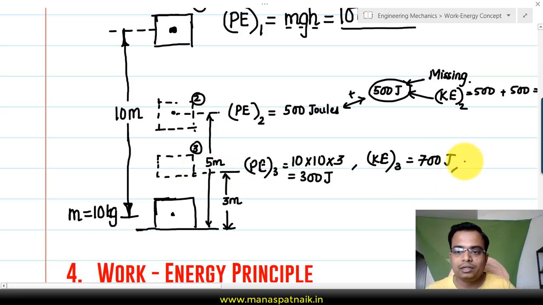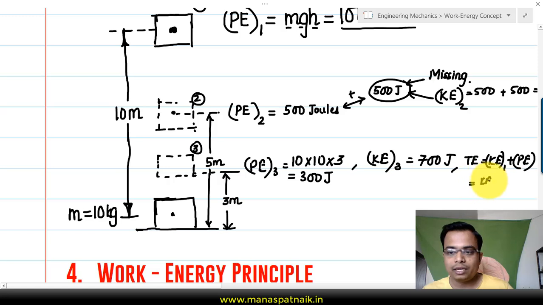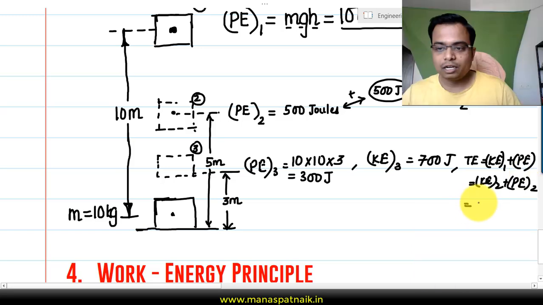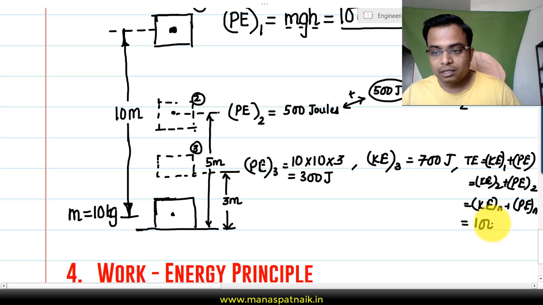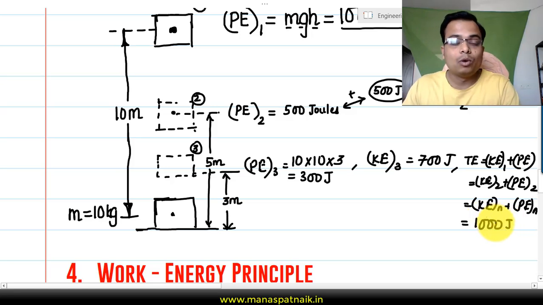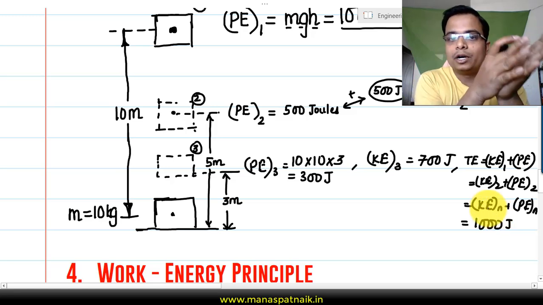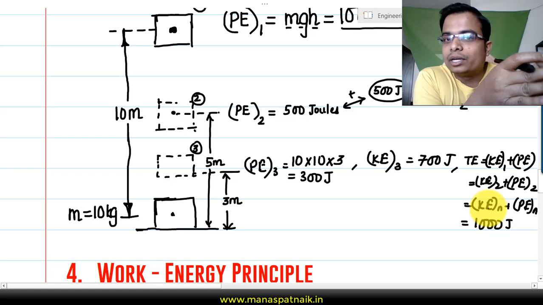At each and every point you're going to see that the summation of the total energy, KE plus PE, no matter where you go, at position 1, at position 2, at each and every position, let me write this as KE at nth position and PE at nth position, as far as this particular example is concerned, is always going to work out as 1000 joules. You can work that out. That is pretty easy. So some part of potential energy always gets converted into kinetic energy, and so on.